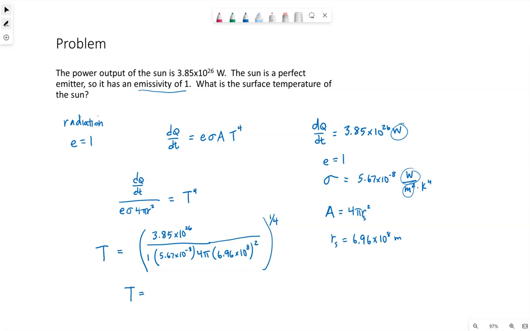Now I need to take that to the 1/4 power. This is telling me 5779. So approximately 5780 Kelvin is the surface temperature of the sun.